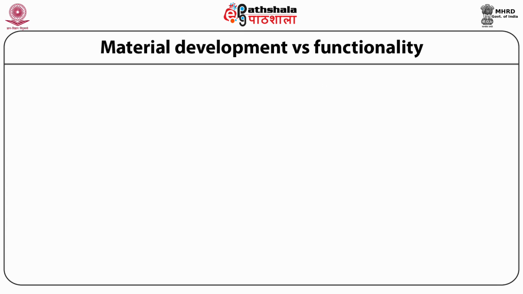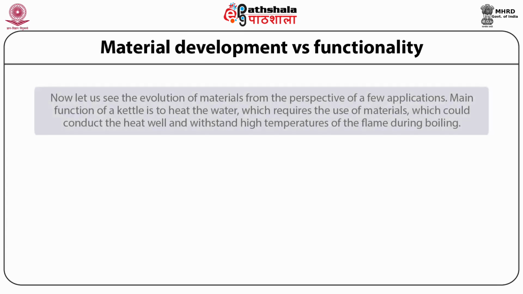Material development versus functionality. Now let us see the evolution of materials from the perspective of a few applications. The main function of a kettle is to heat the water, which requires the use of materials which could conduct heat well and withstand high temperatures of the flame during boiling. Earlier generations saw the use of metals such as iron, copper, bronze.